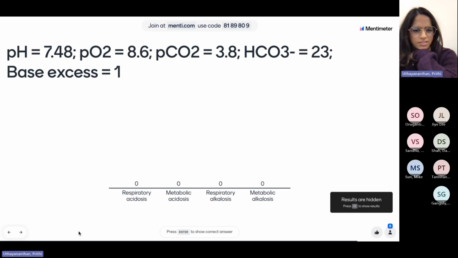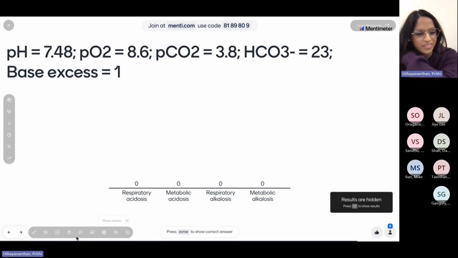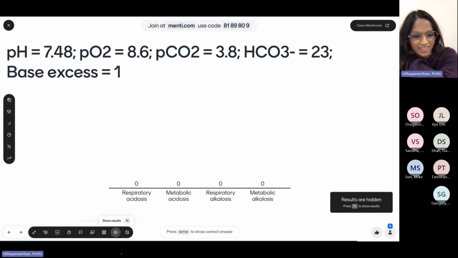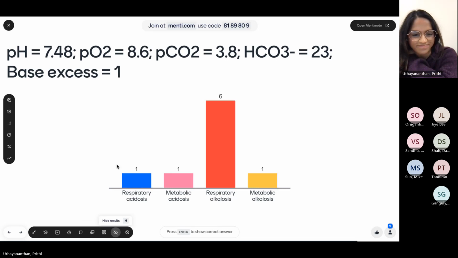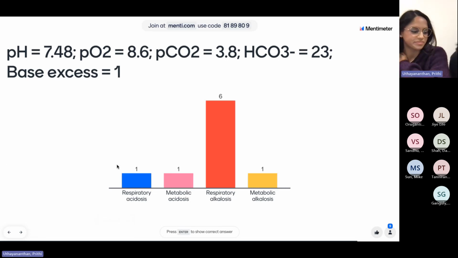Okay, so let's just go through it. Yep, so it is respiratory alkalosis. So we can see that just because the pH is higher than the normal values, which is the main thing we're looking at, and because the bicarb is within the normal range.